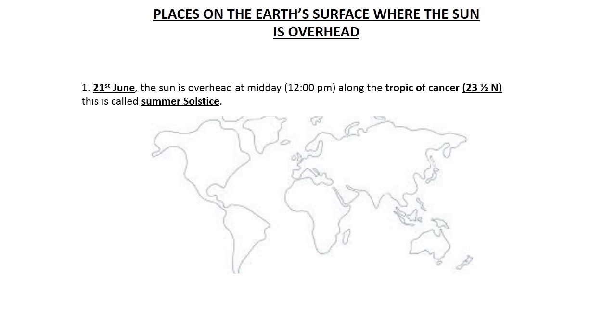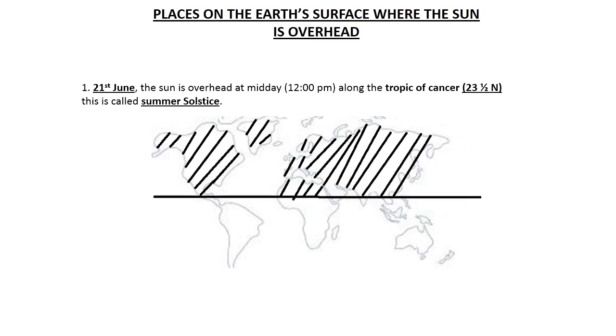So this is our world map, and in short, all this shaded area on 21st of June, the sun is overhead in all this area.